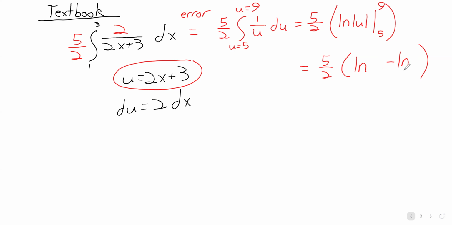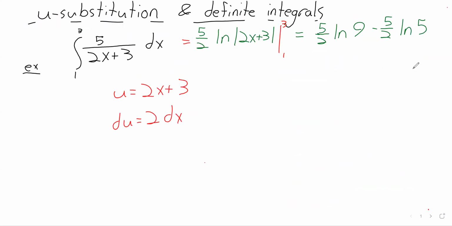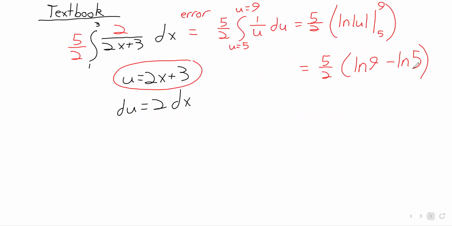And now I use the fundamental theorem as sort of as usual. We stick in the 9, we stick in the 5, and we wind up with the same thing that we got previously. 5 halves ln 9 minus 5 halves ln 5.